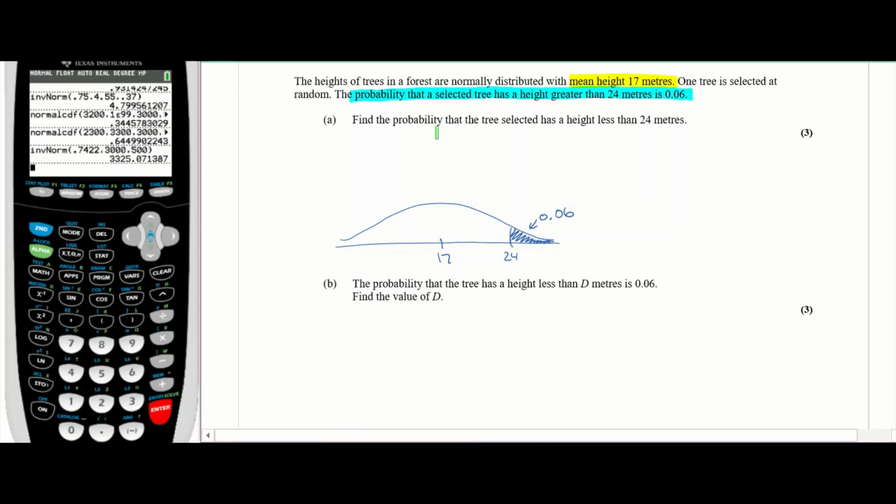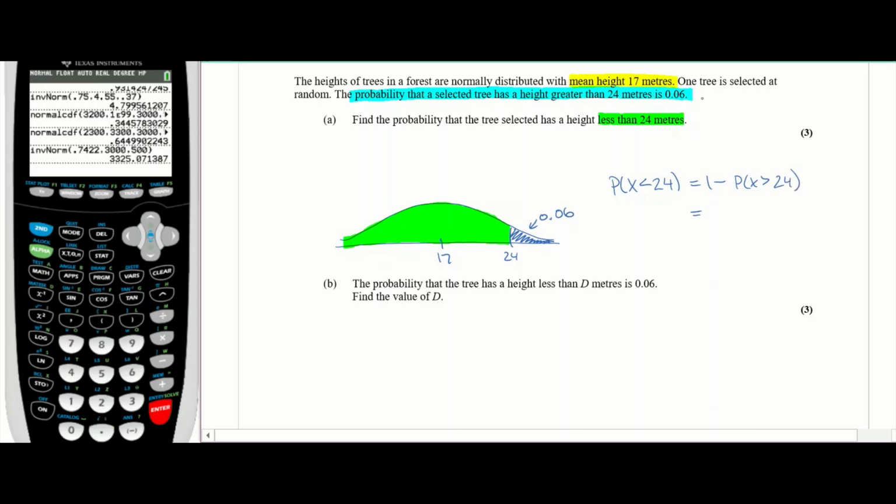So what's cool is the likelihood of being below that 24 has to just be the rest of the distribution. So being less than 24 is just going to be whatever remains within the distribution that isn't what I shaded in blue. So the probability of being less than 24 meters tall will just be 100%, or 1, because that's the whole distribution, minus the probability of being greater than 24 meters tall.